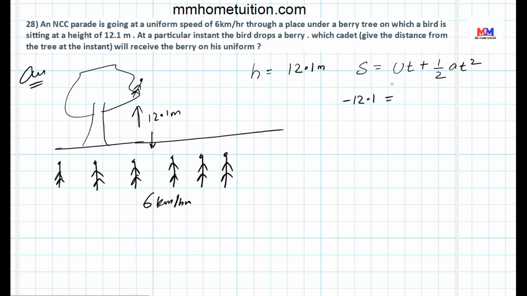Initial speed U equals how much? 0. Into t, plus half, acceleration a equals minus 10, into t squared.